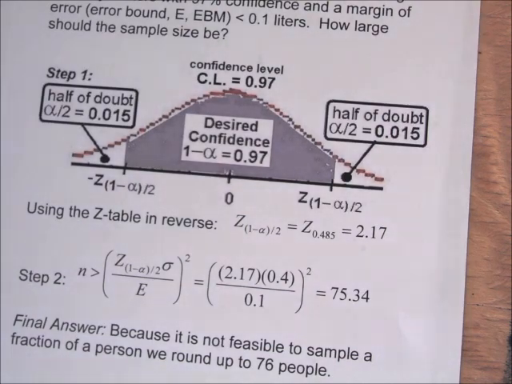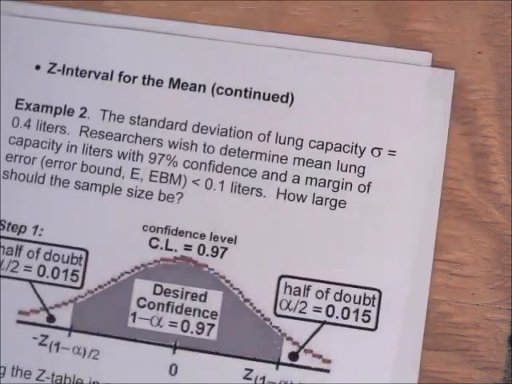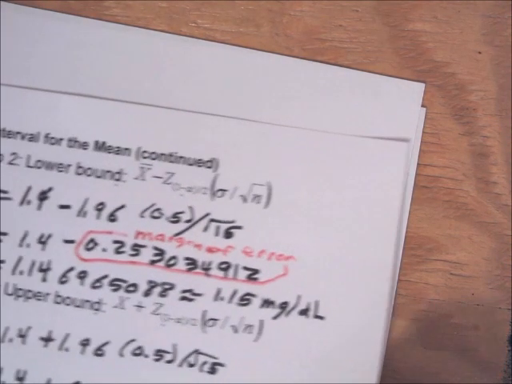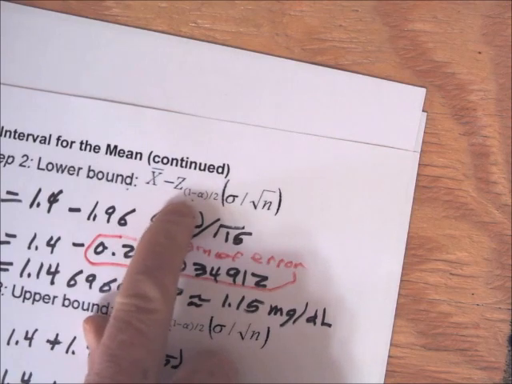So let me just do this using our previous formula. The margin of error is what comes after the plus or minus sign here.